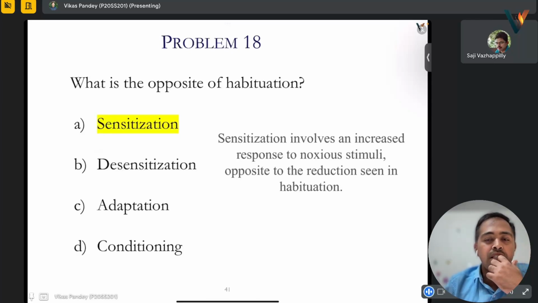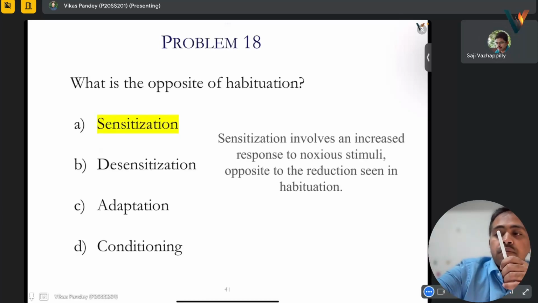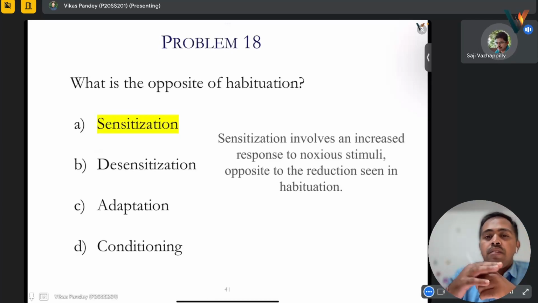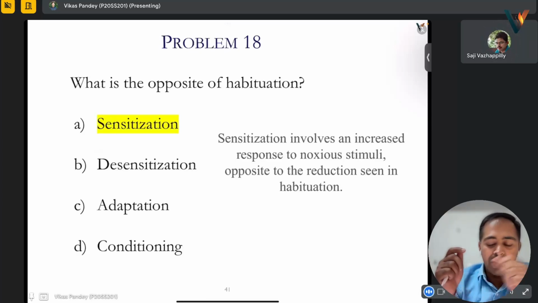In case of habituation, something over a period of time is repeated again and again, and the response towards that stimulus will decrease. In case of sensitization, there is a small response and then amplification of the signal. So sensitization and habituation are opposite of each other.